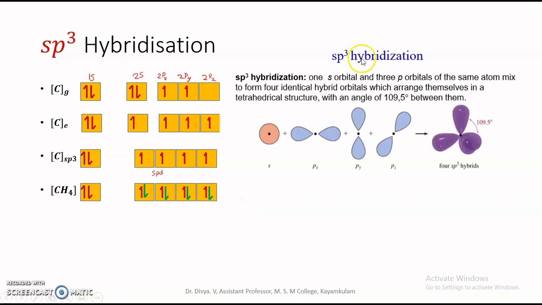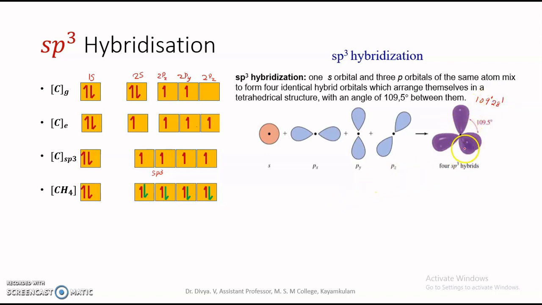So we can define sp3 hybridization as follows: one s orbital and three p orbitals of the same atom mix to form 4 identical hybrid orbitals, which arrange themselves in a tetrahedral way with an angle of 109.5 degrees between them. In some texts you can see it written as 109 degrees 28 minutes.